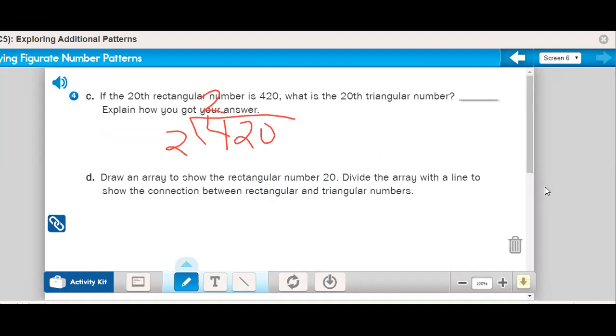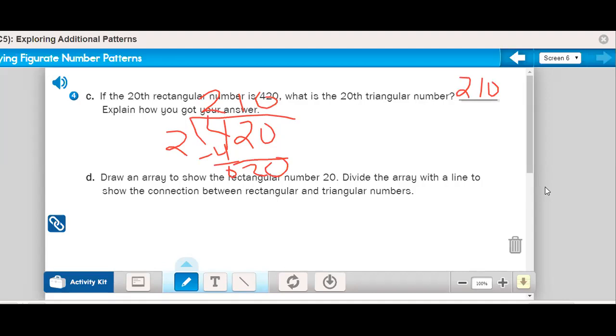So 4 minus 4 is 0. 2 can go into 2 one time. So 2 can go into 20 10 times. So our answer is 210.